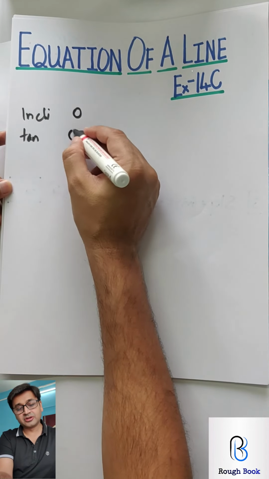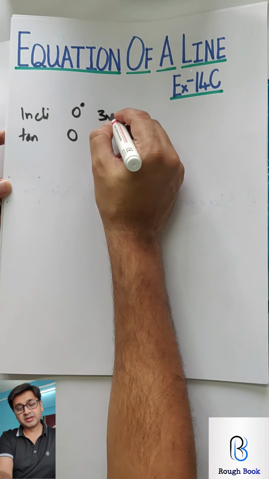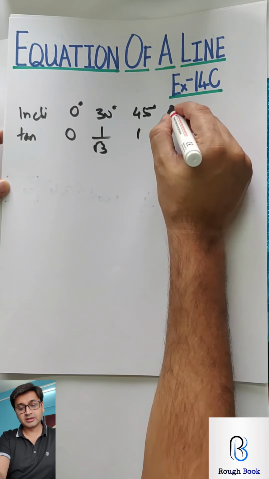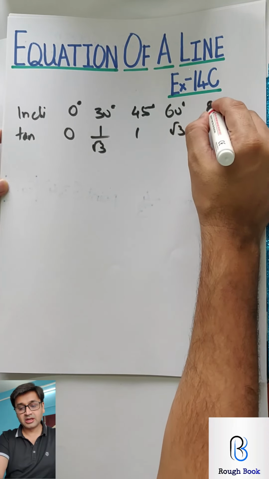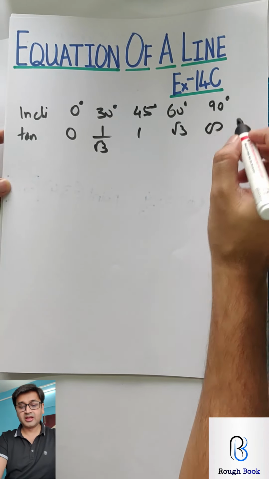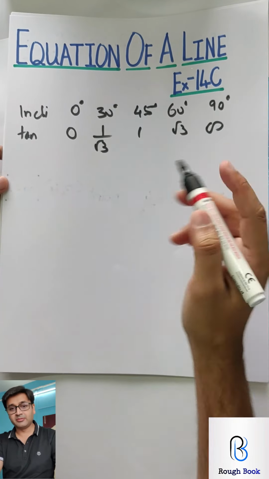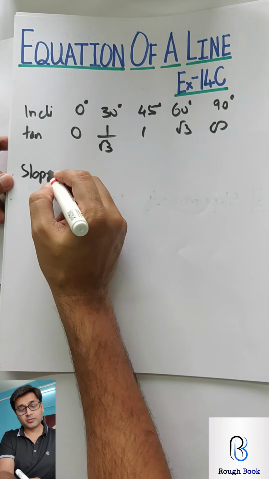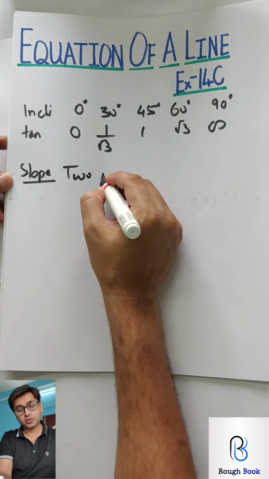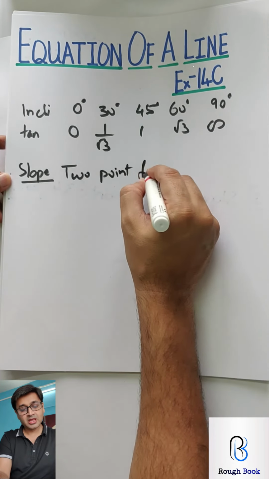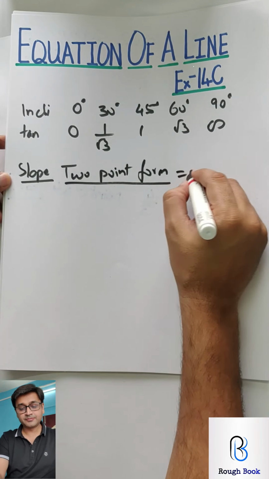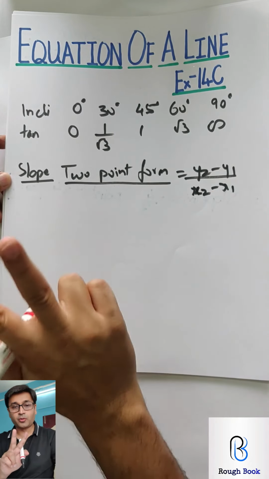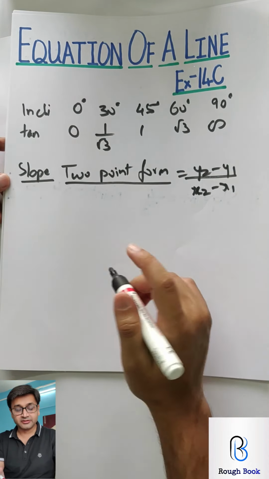If inclination is 0, tan is also 0; 30 degrees, 1 by root 3; 45 degrees, 1; 60 degrees, root 3; and 90 degrees, not defined. If numbers apart from these were there, we went into the tan table and got the answers from there. Then getting the slope by 2-point form: y2 minus y1 over x2 minus x1, where coordinates of 2 points are given to you.